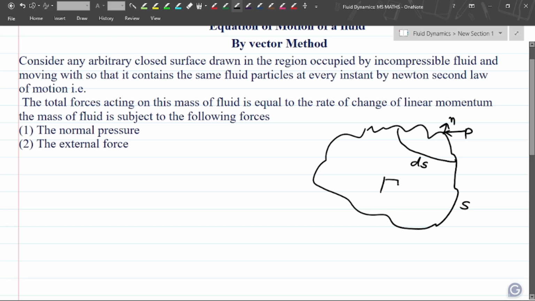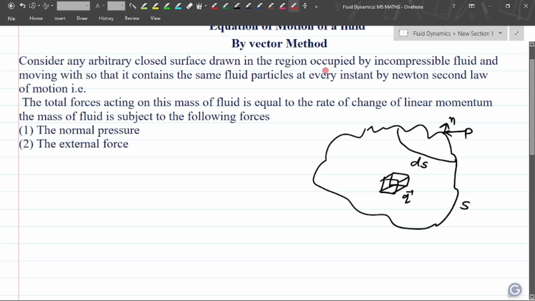We'll consider a small particle in this case, and the velocity of this particle is the q vector, with components along x, y, z that will be u, v, w.